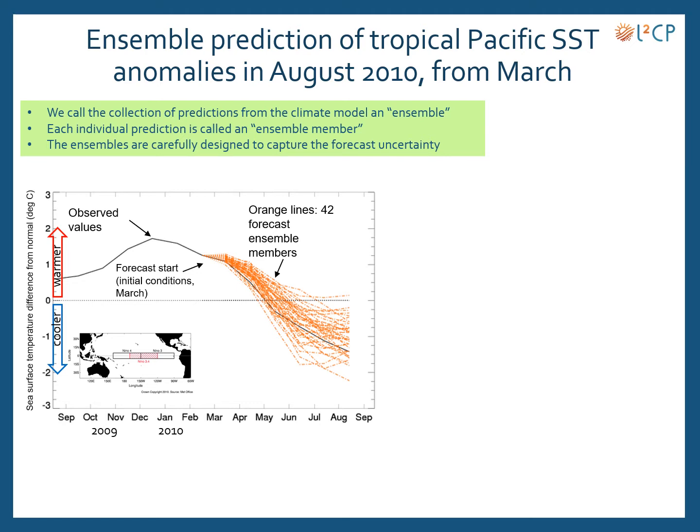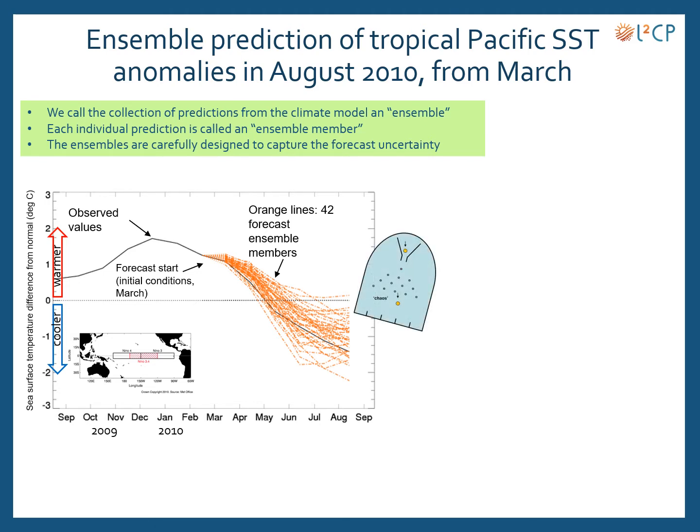So the uncertainty is small at first, but as the forecast proceeds, the ensemble members spread out as the initial uncertainty grows. And at the end, there are large differences across the ensemble. A few ensemble members predict a near zero anomaly, and at the other end of the scale, a few predict an anomaly of around -2 Celsius, with the other members predicting a range of values in between.